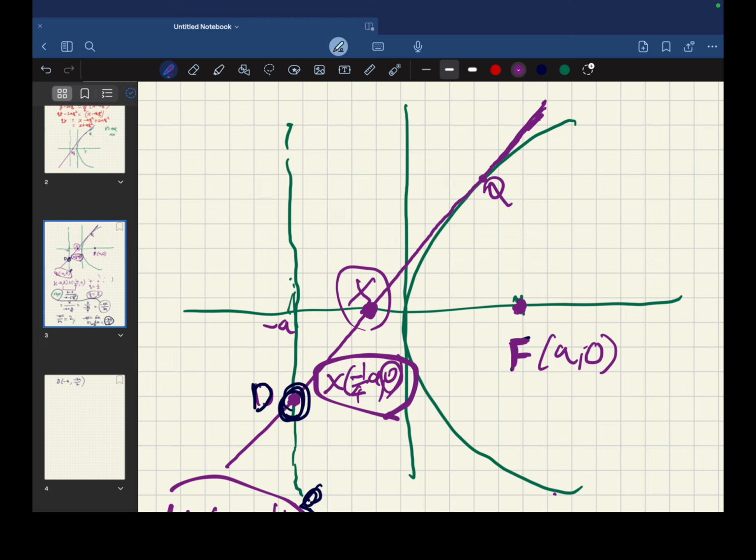And problem C requires the area of the triangle FXD. FXD is like here.